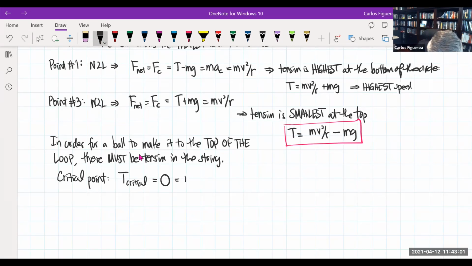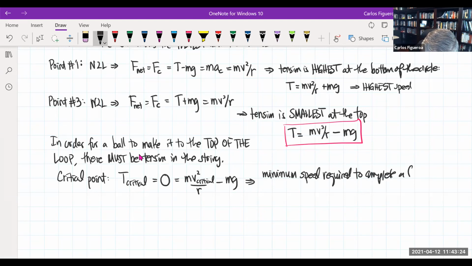That means that mv squared, and this is a critical speed here, divided by r minus mg equals 0. And this is the minimum speed required to complete a full loop.